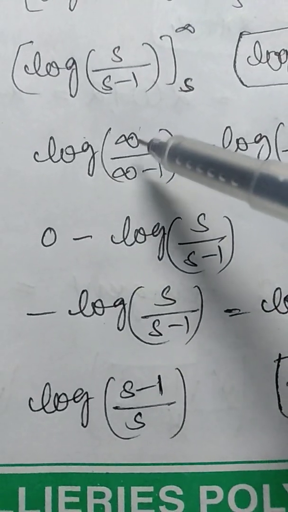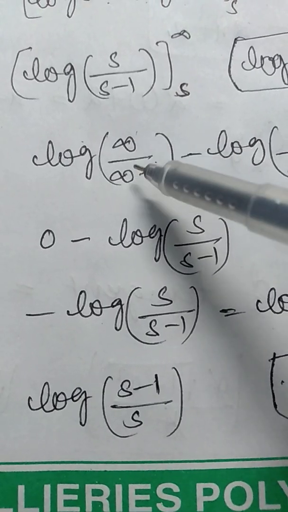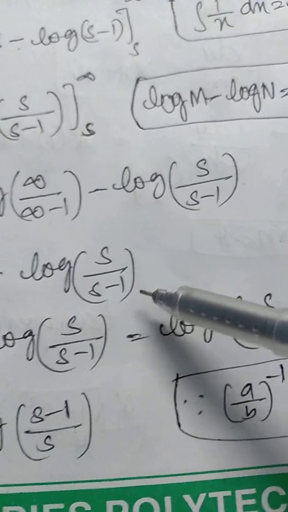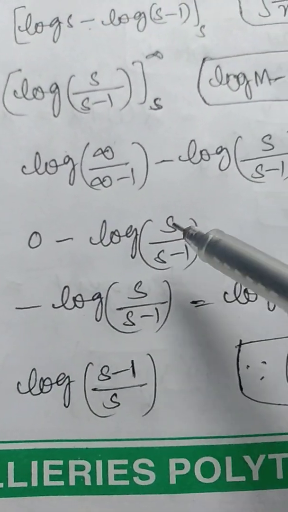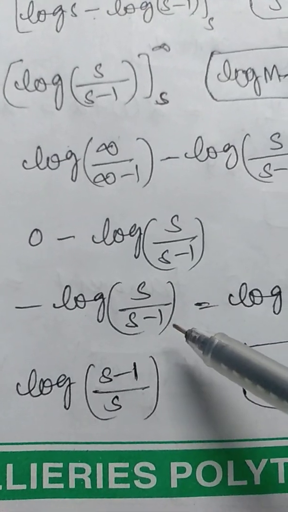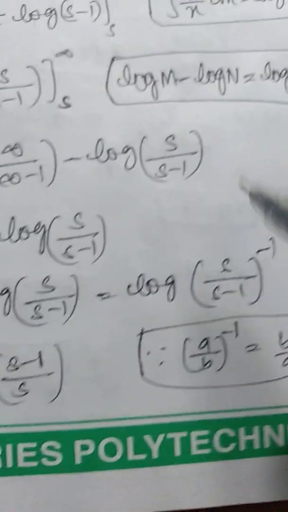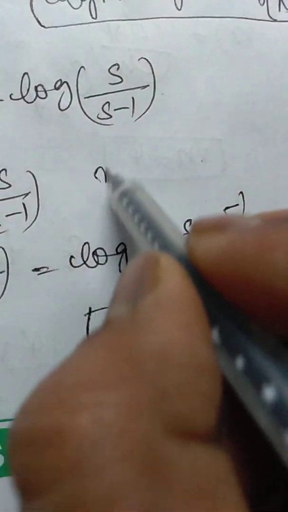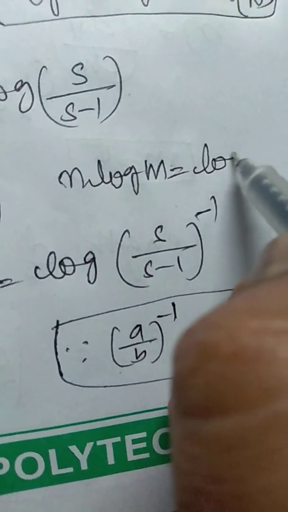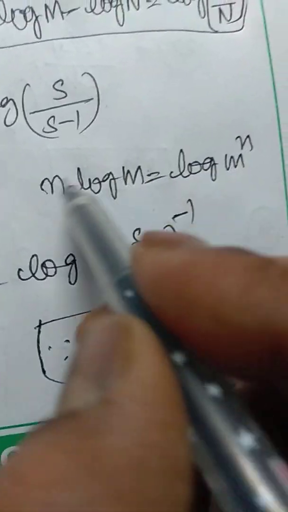Logarithm of infinity by infinity minus 1: infinity by infinity means 1. Logarithm of 1 is 0, minus logarithm of s divided by s minus 1. So 0 minus logarithm of s divided by s minus 1 is minus of logarithm of s divided by s minus 1. It is in the form of n into logarithm of m is equal to logarithm of m to the power of n.